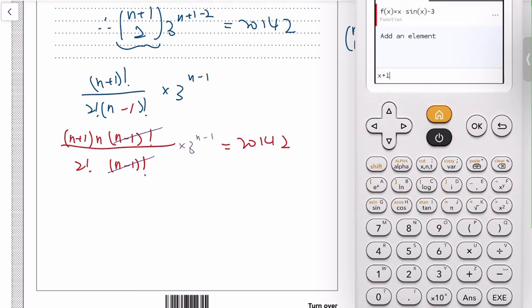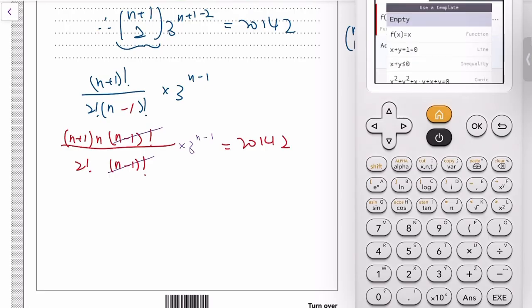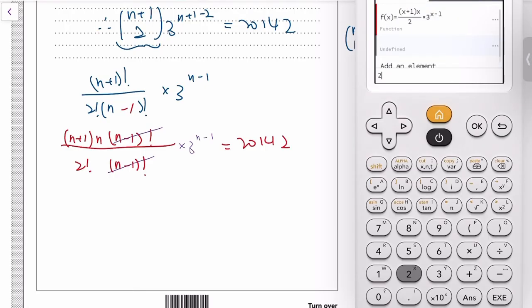So n plus 1, I better bracket that, times x over 2 times 3 to the power of n minus 1. Okay. And that will equal 20142.